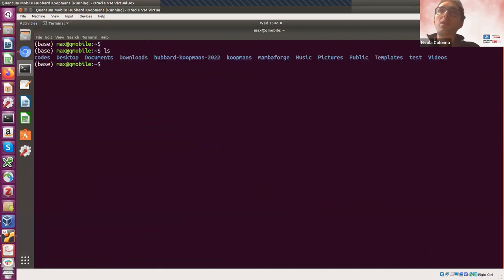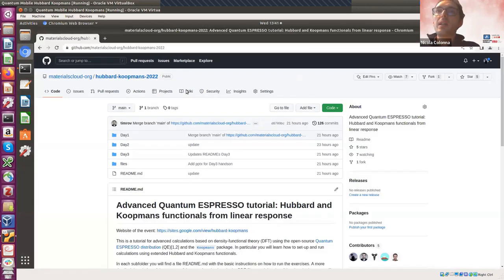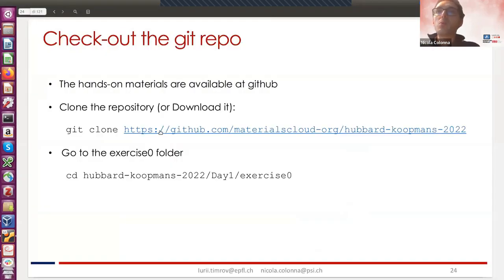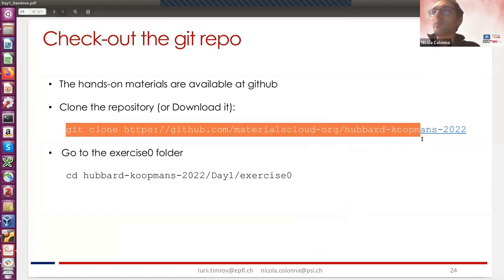If you list the content of the folder, you see all this folder. If you already cloned the repository, you should also see this folder here, Abar Koopman 2022. If you didn't clone it yet, please do it. And oops, apologies. And this is the command that you have to run in the terminal.